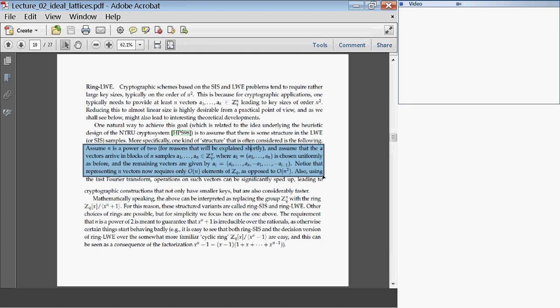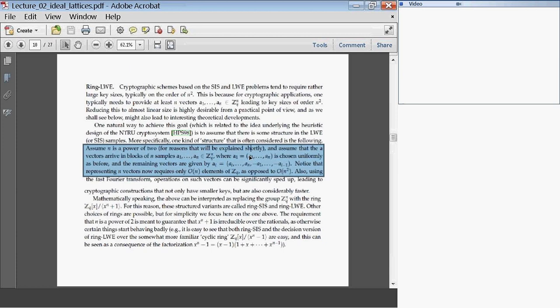The general idea is that when you deal with generating a vector, you need to generate n vectors in that space. In other words, the complexity of that operation is going to be n squared.